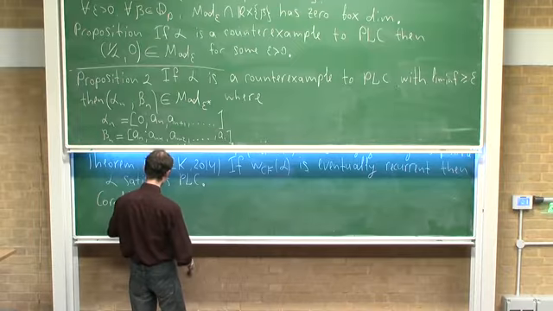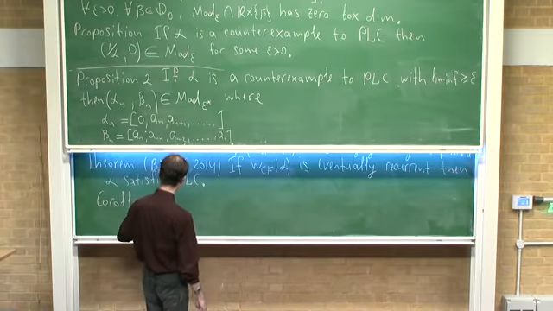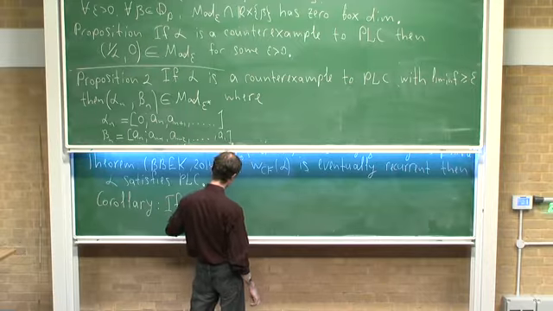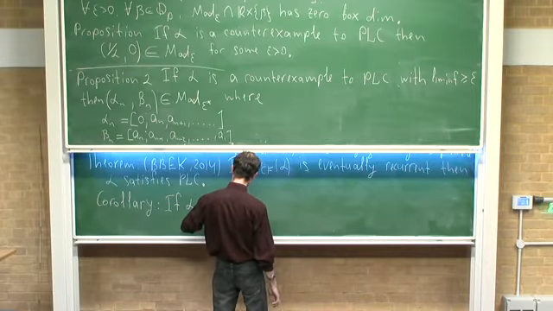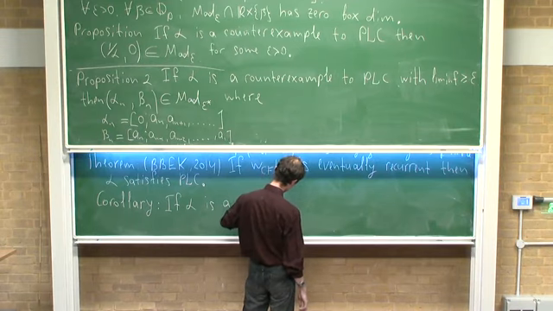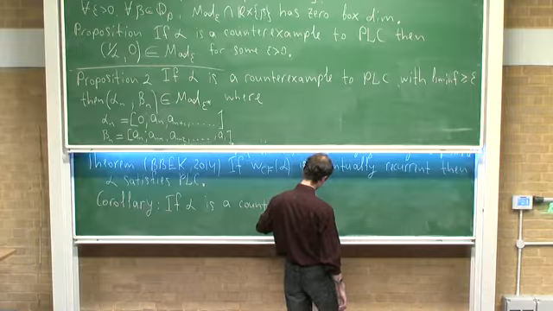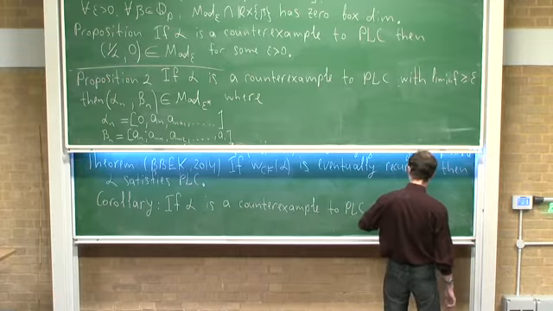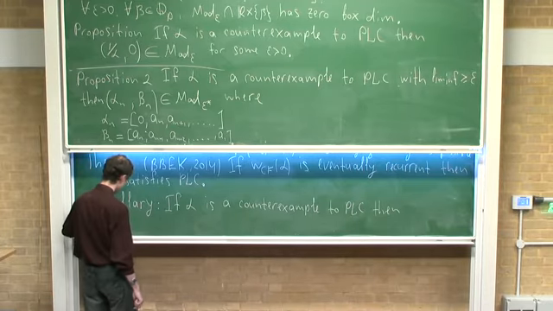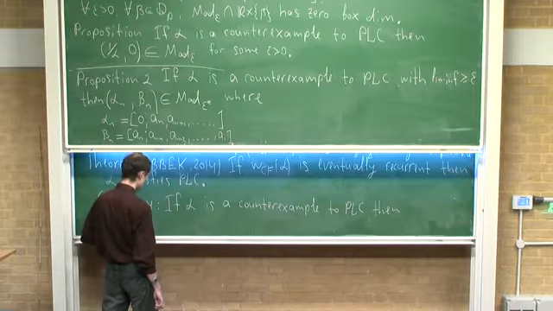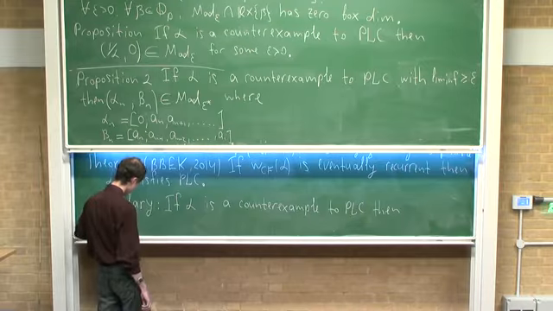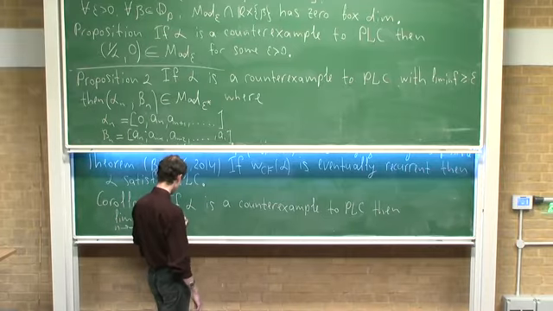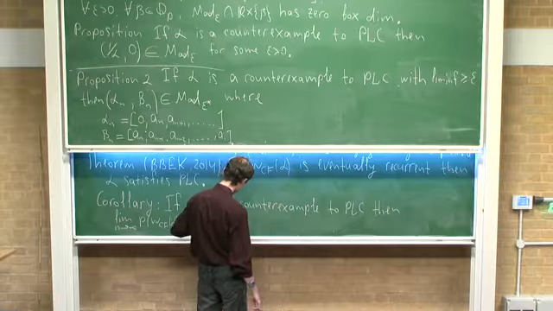That if alpha is a counterexample to PLC, then the limit as n tends to infinity of the complexity of the continued fraction of alpha minus n is infinity.